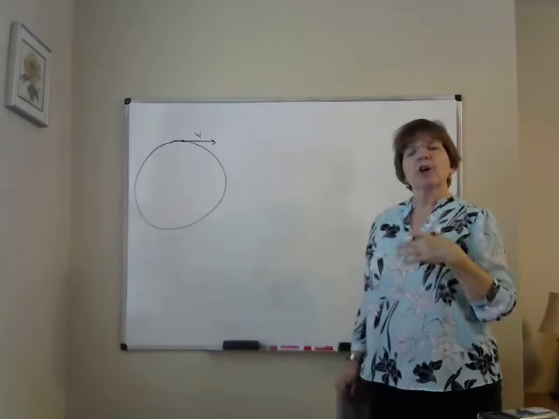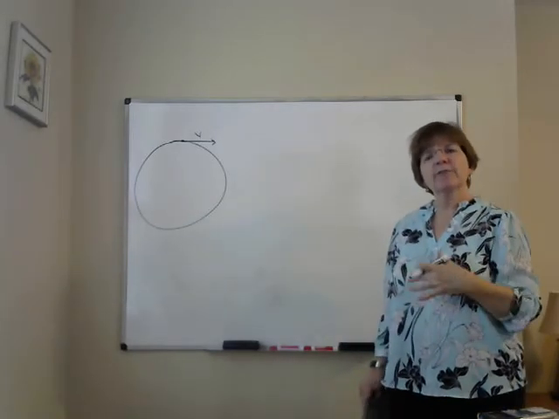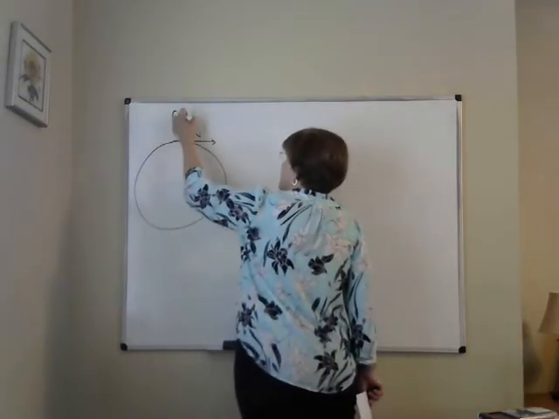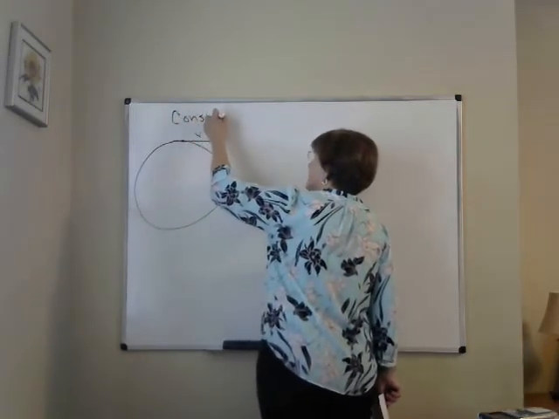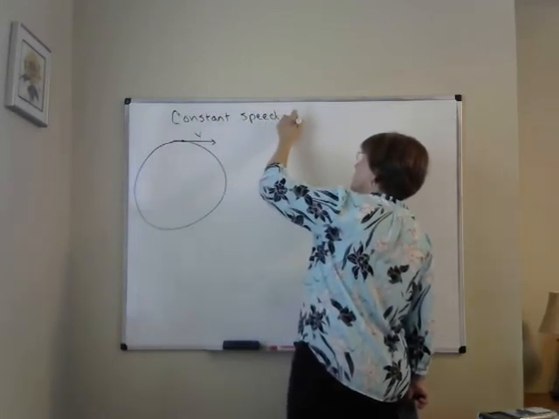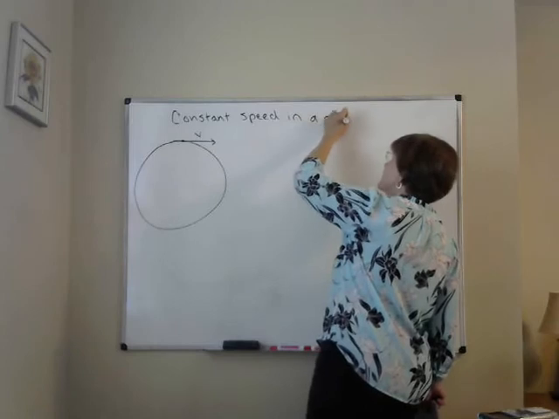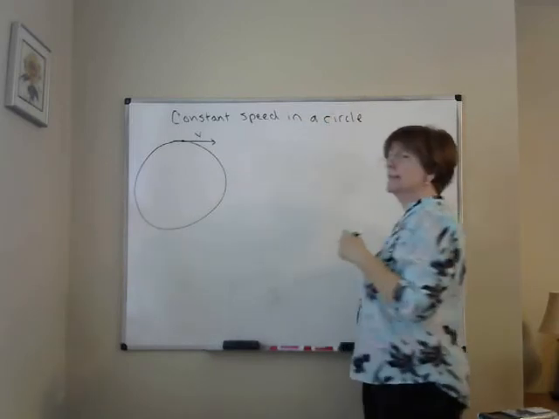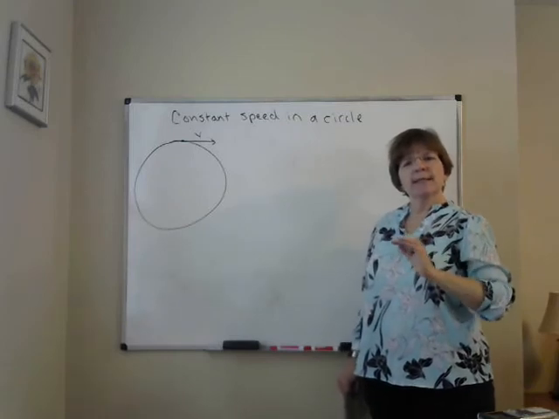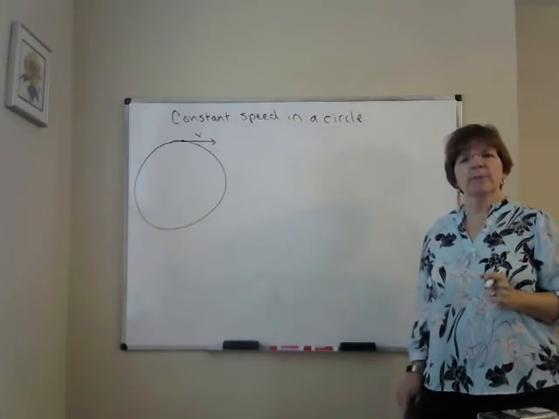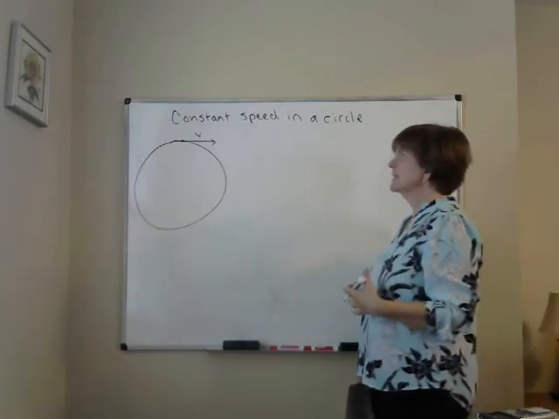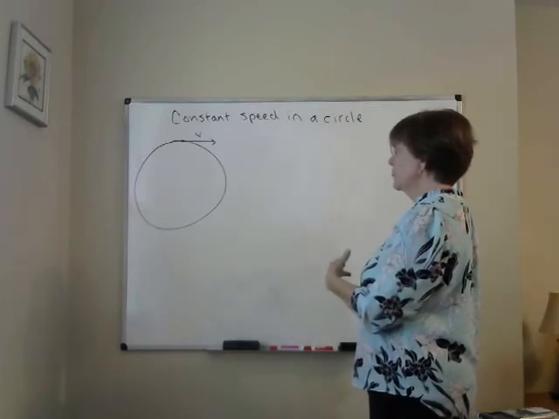The reason you're constantly accelerating, even if you're moving at a constant speed, so we want constant speed in a circle. Now, all satellites don't move at constant speeds in a circle. Some satellites actually move with speeds that vary a little bit, and they move in a path called an ellipse. But we're going to start with this idea, constant speed in a circle.